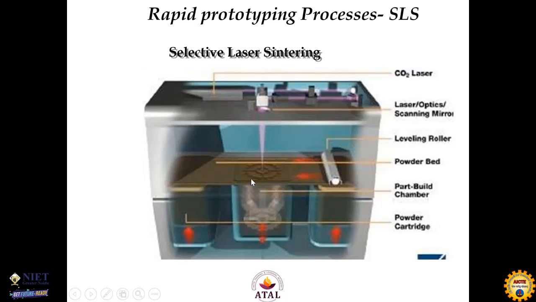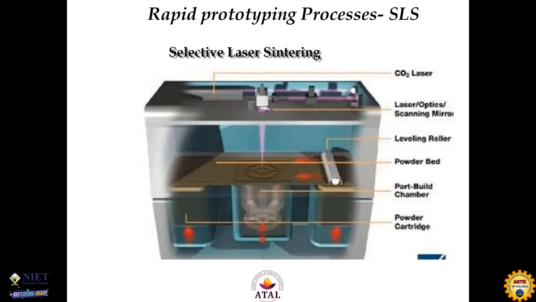There is a powerful laser used to heat this powder. When this powder is heated at a particular point, the point is scanned by a laser scanner, an optical scanning system. This point sinters the powder at that particular location.